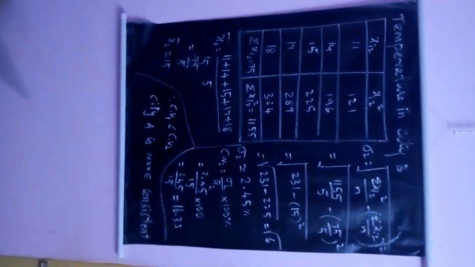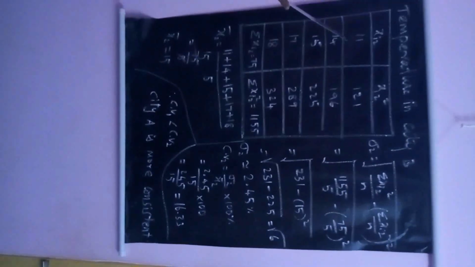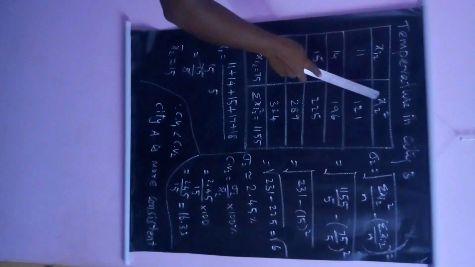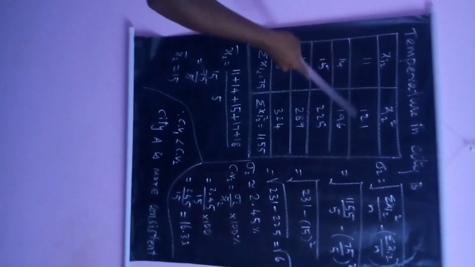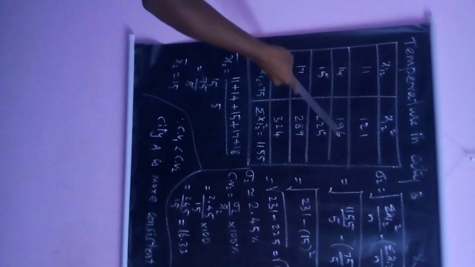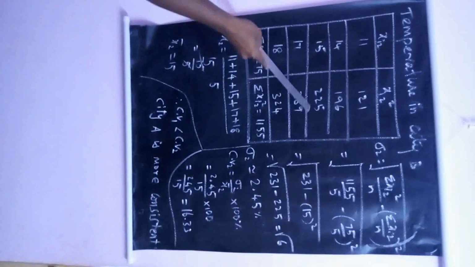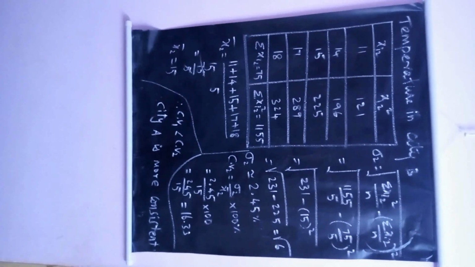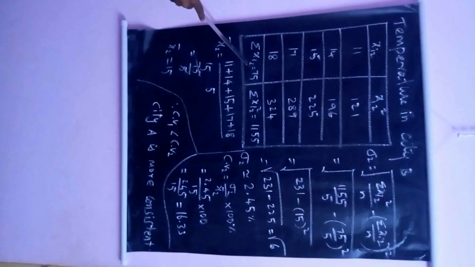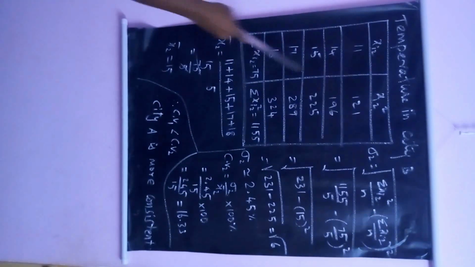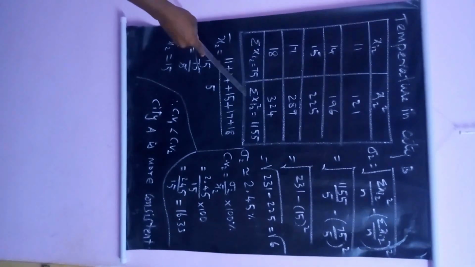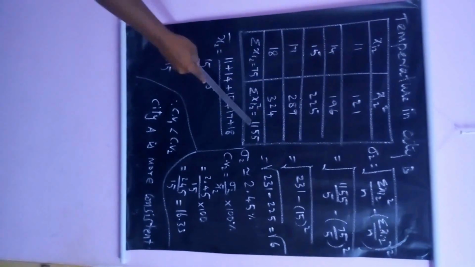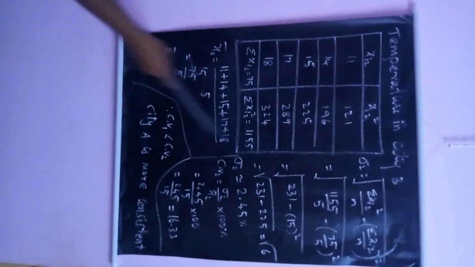Next, temperature of city B. xi2 equals 11, 14, 15, 17, 18. Next, xi2 square: 11 square equals 121, 14 square equals 196, 15 square equals 225, 17 square equals 289, 18 square equals 324. Summation xi2, the sum of all these values, equals 75. Summation xi2 square equals 1155.